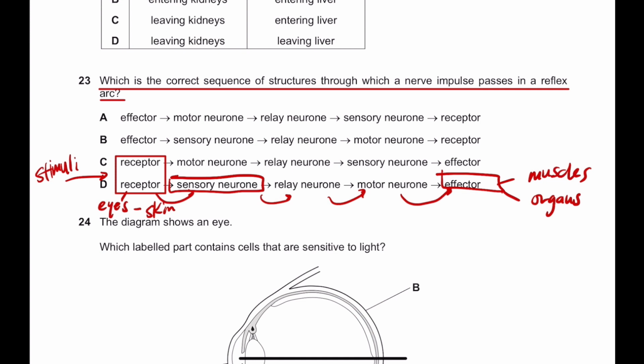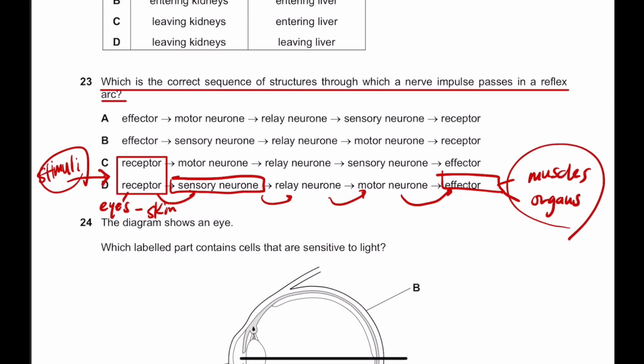These receptors can perceive many stimuli, and then they convert these stimuli into a signal and send it to the sensory neuron, which will send it to the relay neuron, then motor, and then effector, and then the effectors can exert their effects. Hence, the answer is D for this question. Okay.